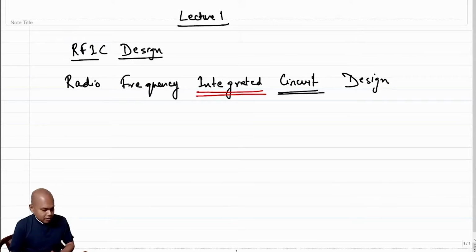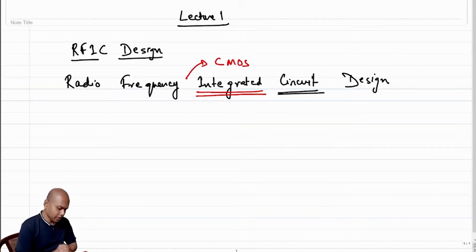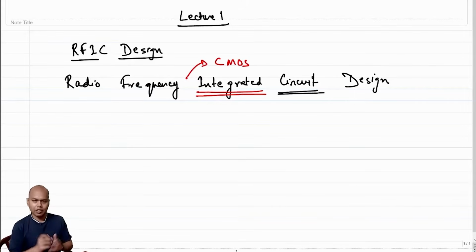So ideally, the subtext of this course is CMOS integrated circuits. Even though we call it an RFIC design, you should always have this at the back of your mind when you are going through this course, and it will become obvious in the future lectures that we will be mostly concentrating on CMOS based integrated circuits.